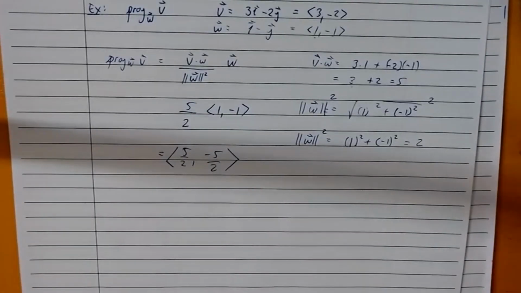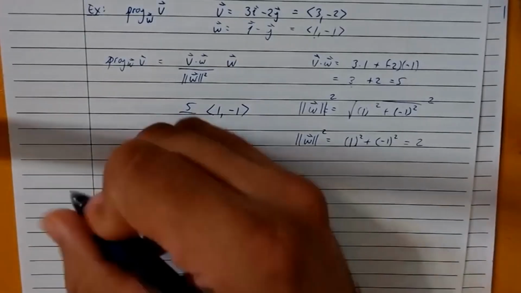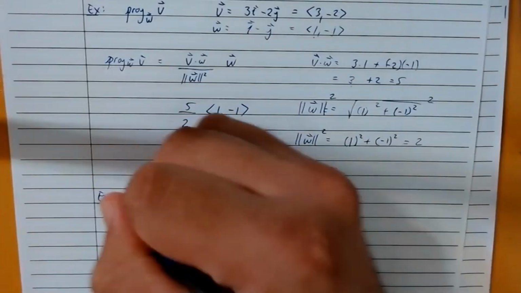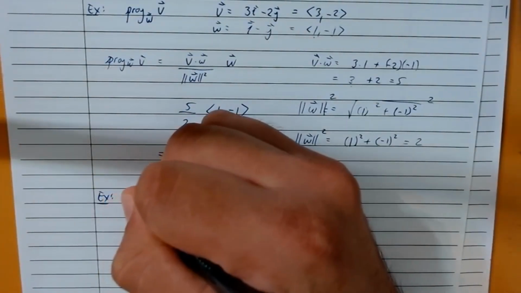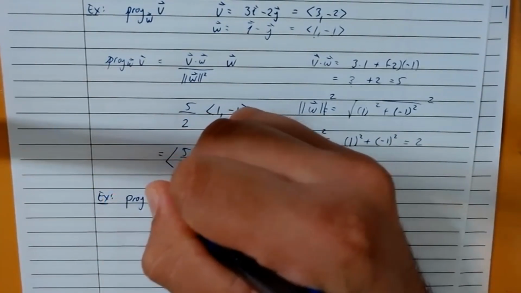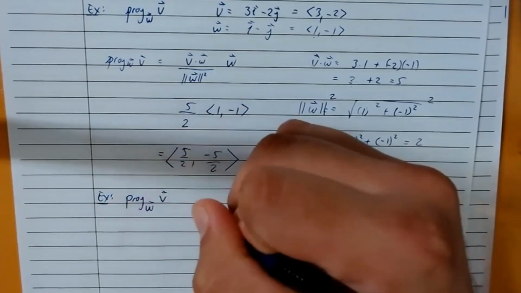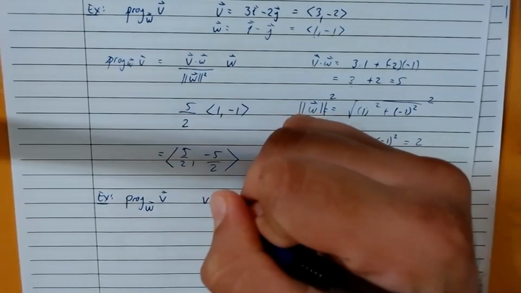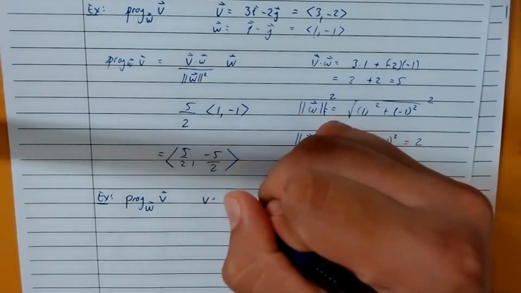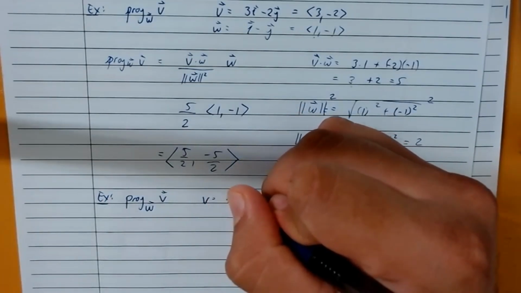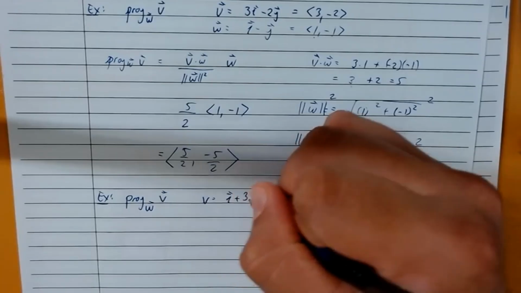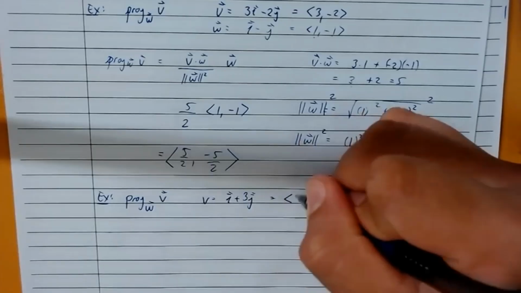You might wish to go ahead and give this a try. So for our next example, go ahead and give this a try. Find the projection of, let's use the same notation, v onto w, where the vector v is given as i plus 3j, or again, if you prefer, that's 1 comma 3.